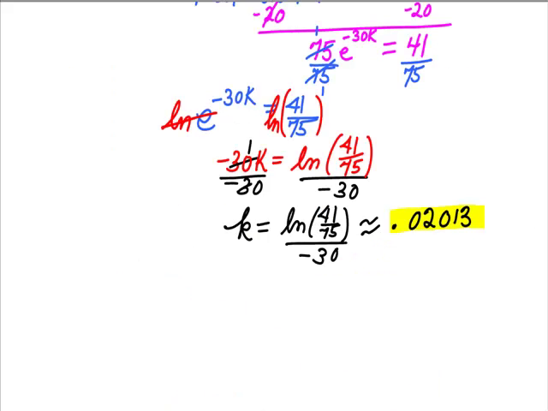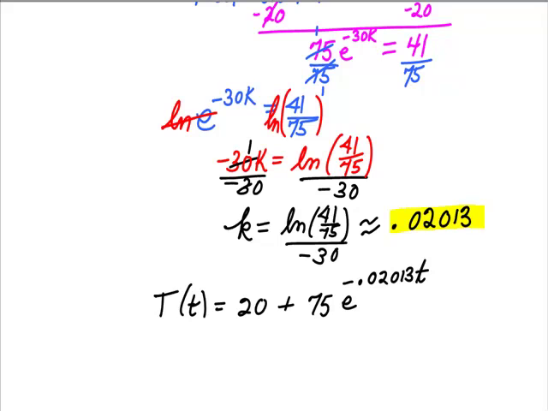So I now have that T of t is 20 plus 75 e to the negative 0.02013t. And this is the formula that tells us how the temperature of the coffee is changing with time t.